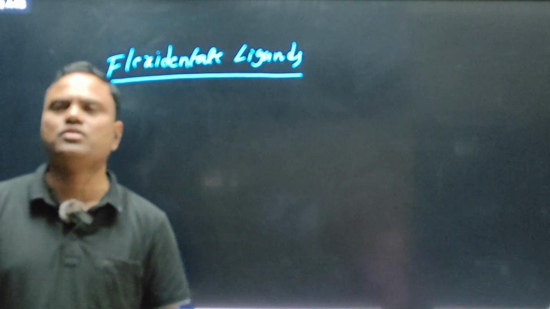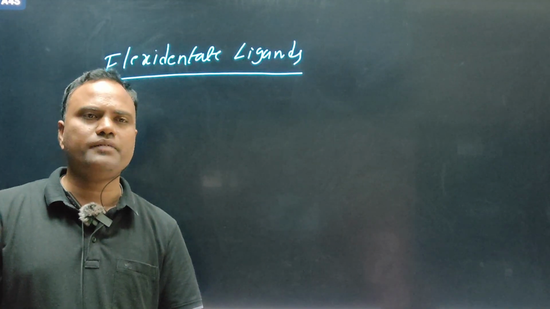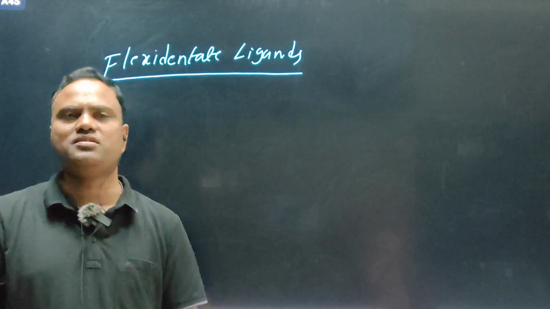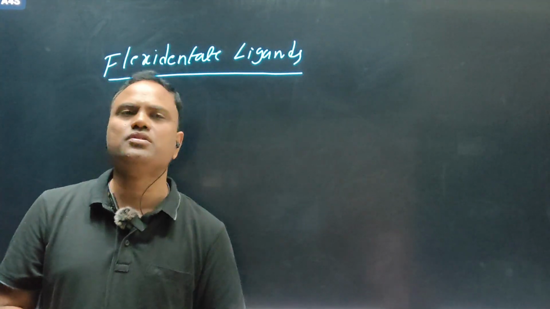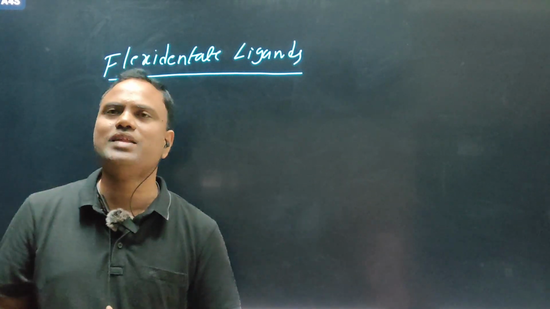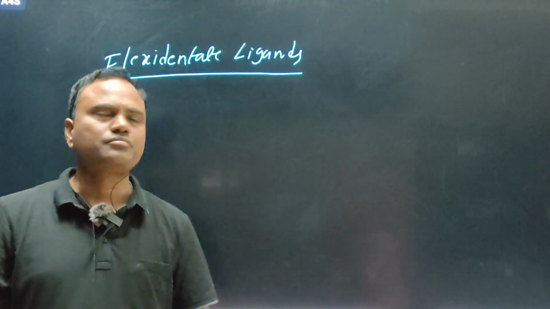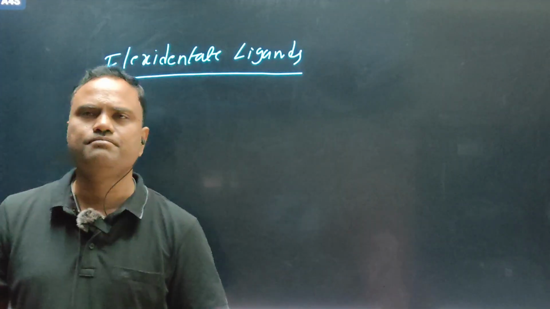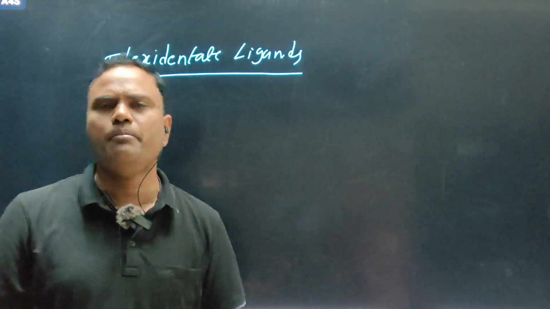That binding capacity is called coordination number. For example, copper can combine with 6 ligands, so its coordination number is 6. Copper needs 6 donor atoms. Binding capacity with the ligands is called coordination number. That is our next topic. To understand that definition, we should have an idea about coordination number.